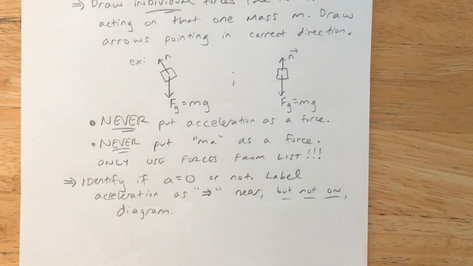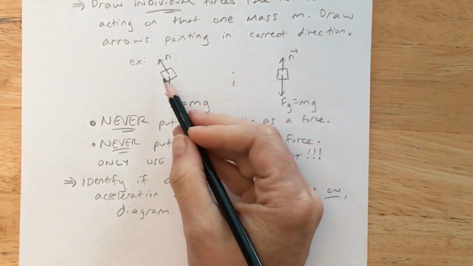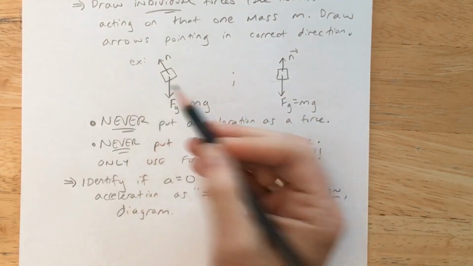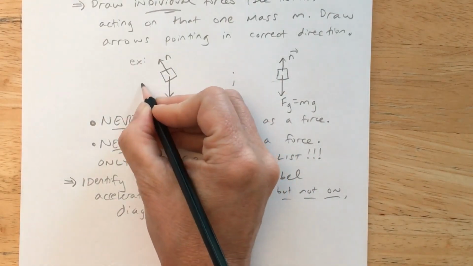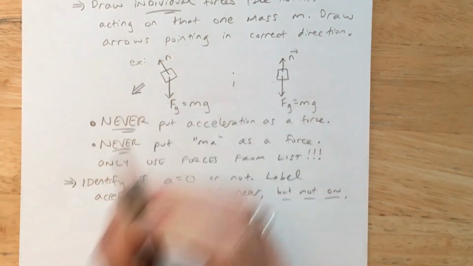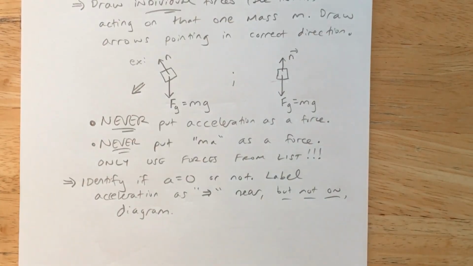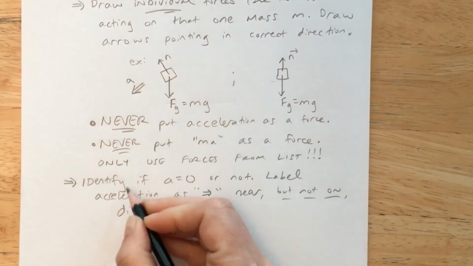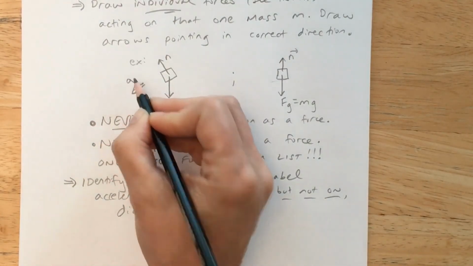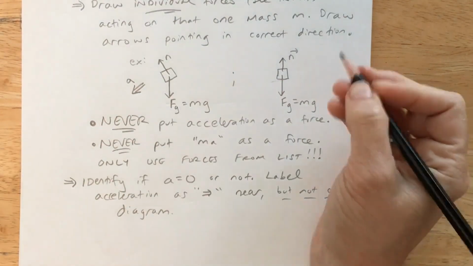So if I go back to these diagrams here, then let's say that this block was sliding down the ramp, which is exactly what would happen if there was no friction. Then near, but not on the diagram, I'm going to draw that downward arrow, and that would be my acceleration. If my acceleration is 0, I would just write a equals 0 instead of drawing the double arrow.